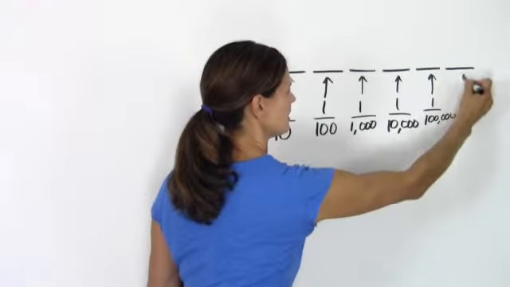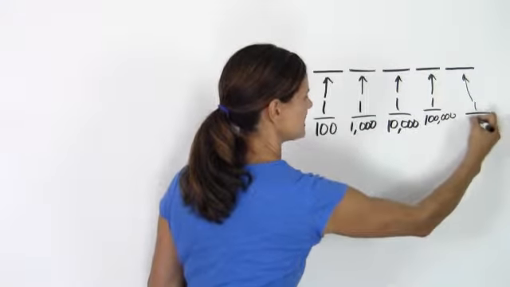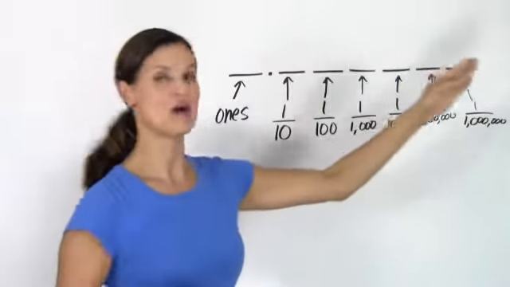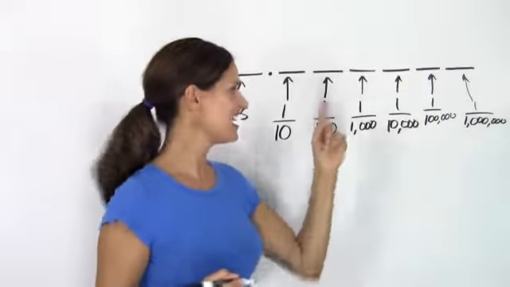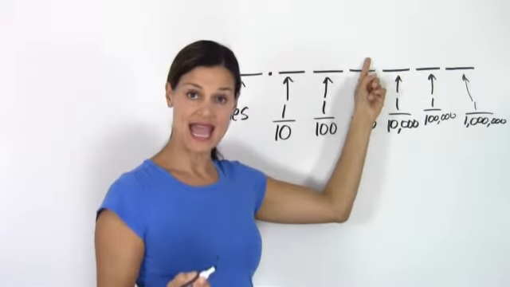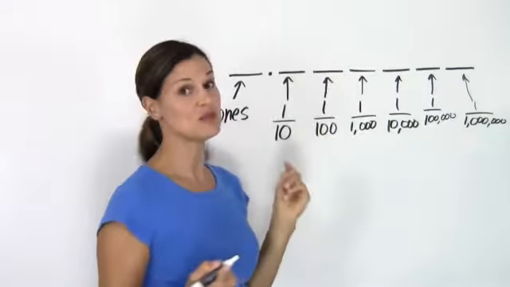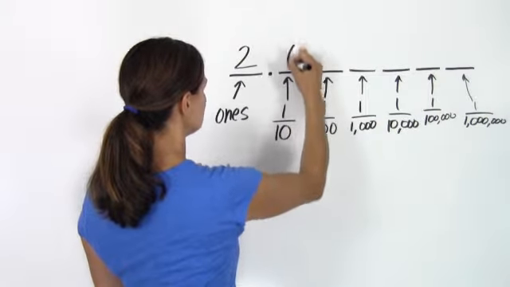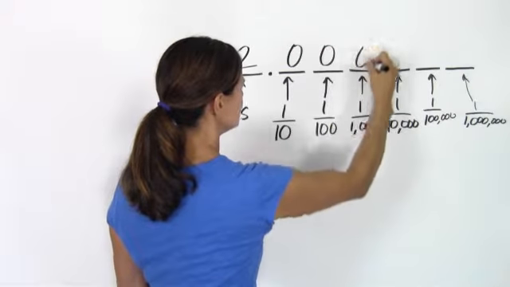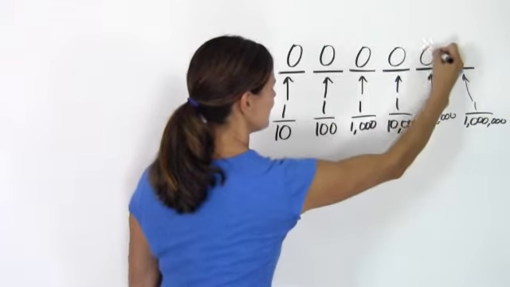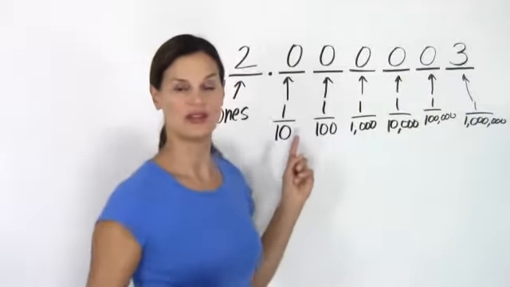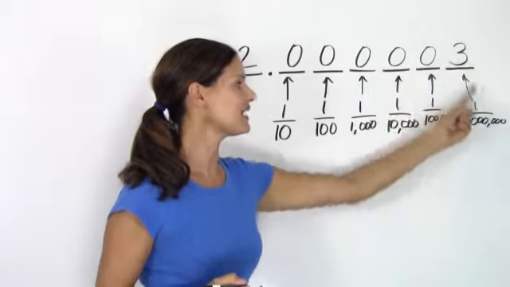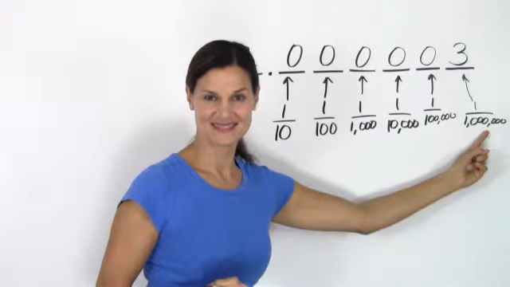And the next one over here, divisible again, is my 1,000,000th place. And we can keep on going on and on forever like this. Each position is 1/10 of the position before it. So if I have a number like 2.000003, for example, I would read this as 2 and 3 millionths.